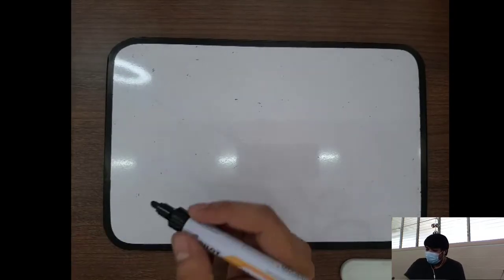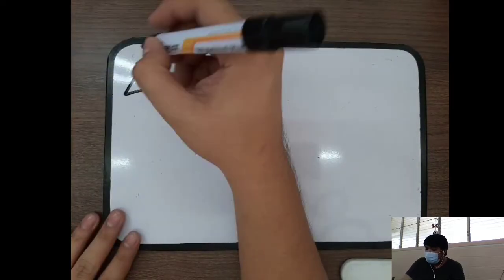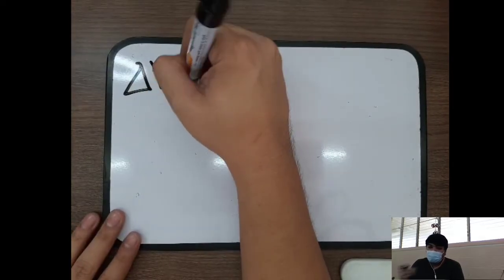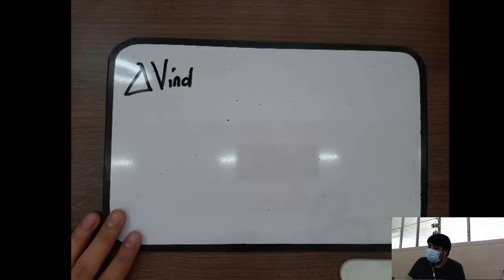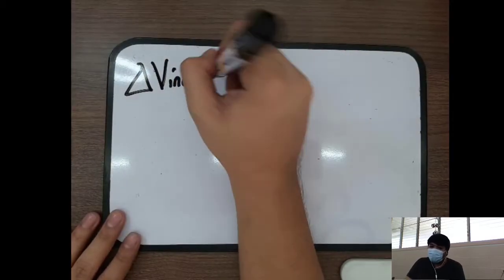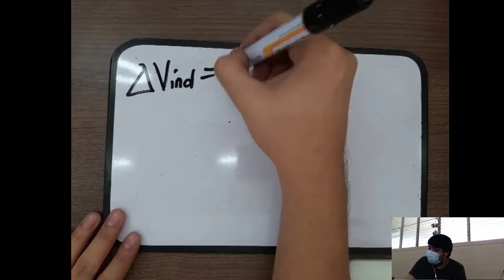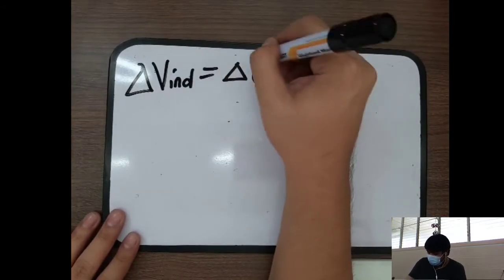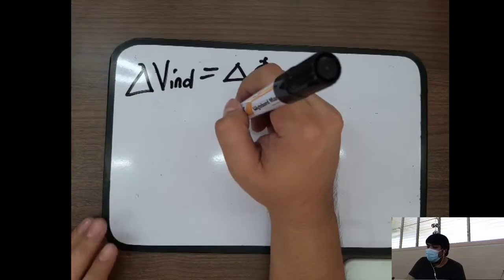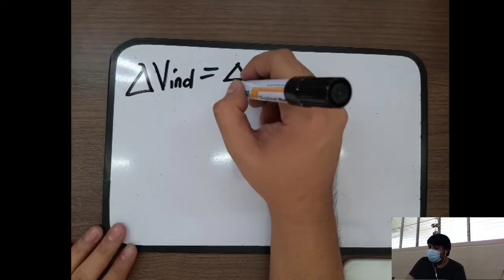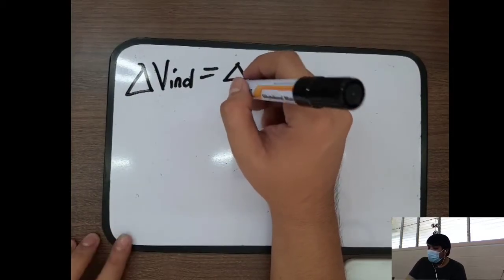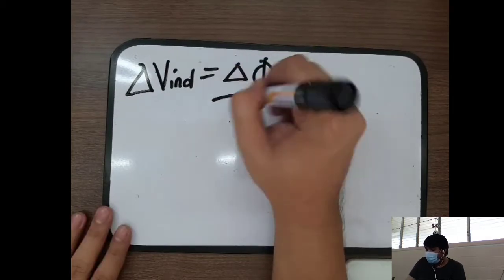Now, as stated by Faraday's experiments, a voltage can be induced into a conductor, or into a coil, when there is a change in flux in the area of the conductor as time passes.